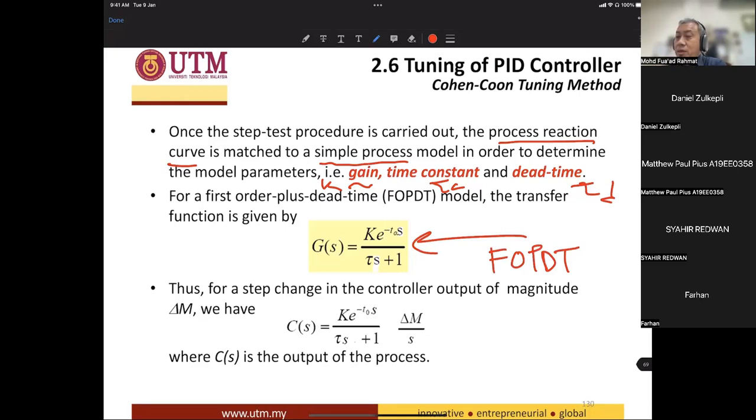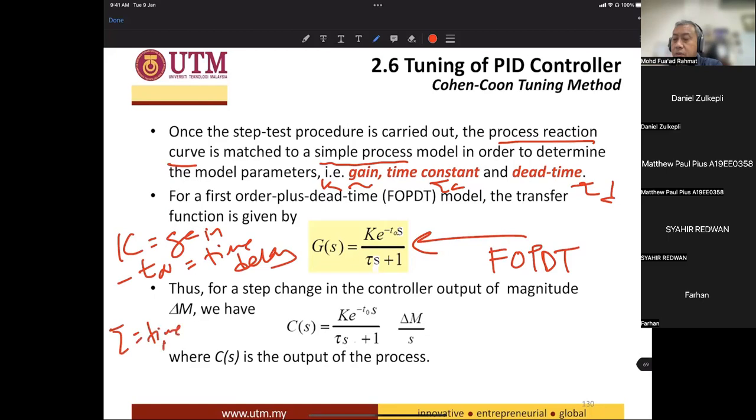K is the gain, minus tau alpha, where tau alpha is the time delay, and tau is the time constant.